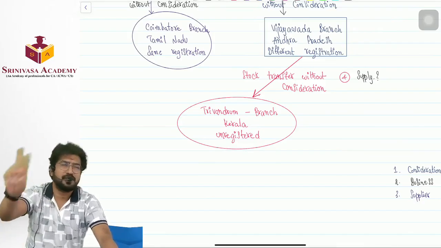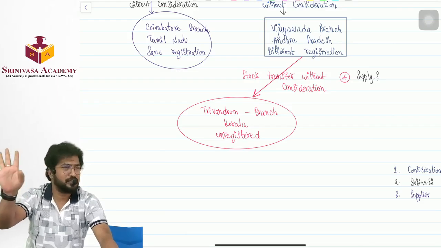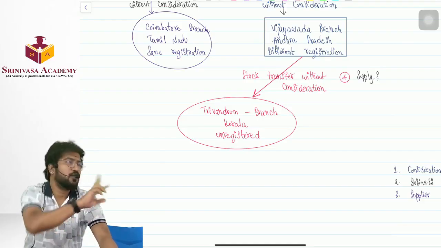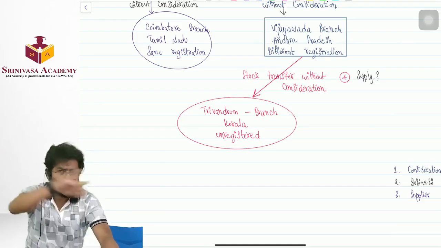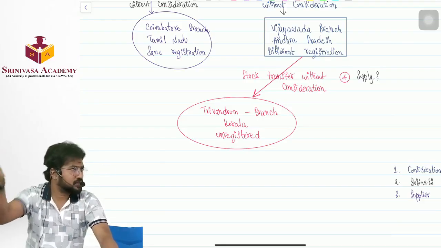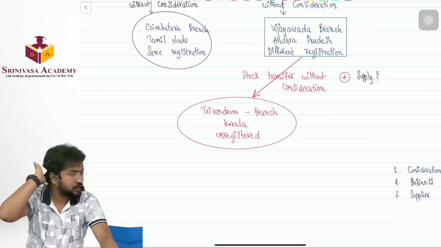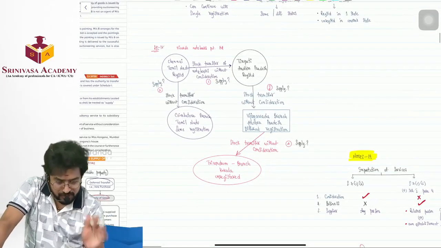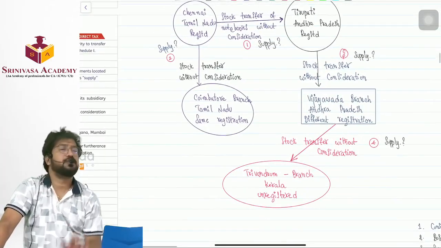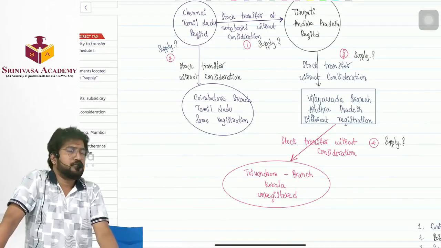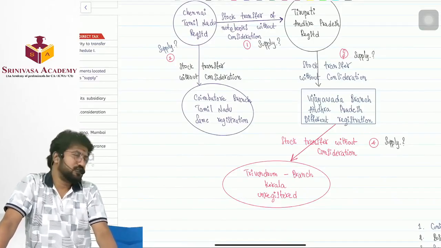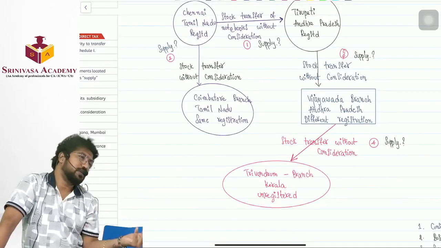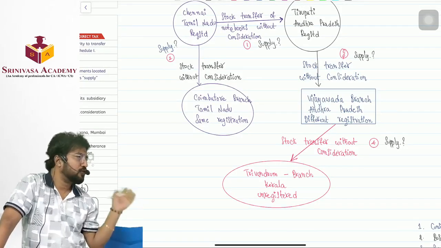Either there should be two registrations, same state or different states, or there should be two states, one registered, one unregistered. What if both are registered? First case, distinct persons, supply. Clear, or shall I continue? Fine. So that is the point. First you should see whether they are distinct persons or not. For that you have two situations. If they are distinct persons, without consideration also it is supply. If they are not distinct persons, no consideration, no supply.